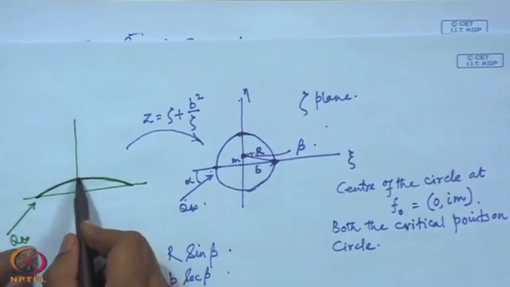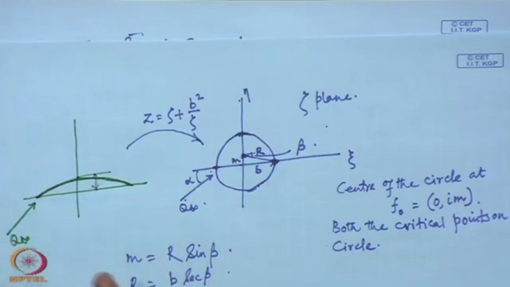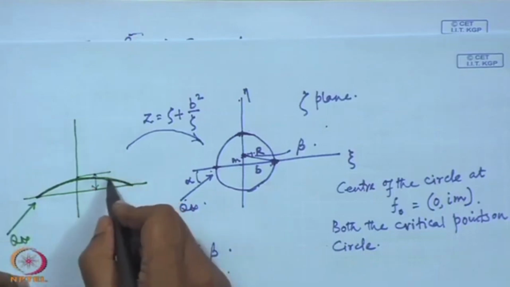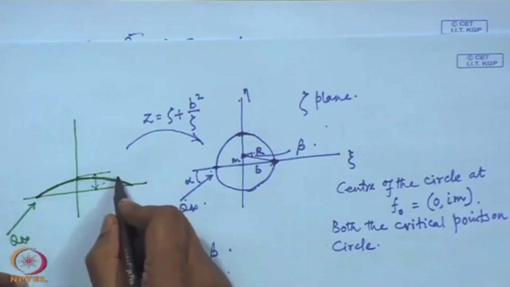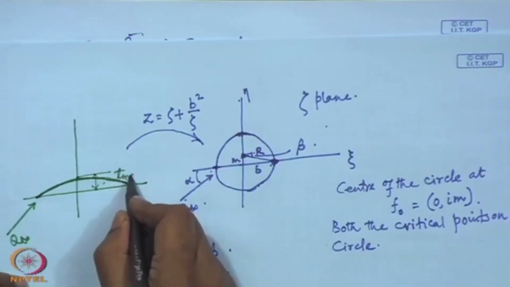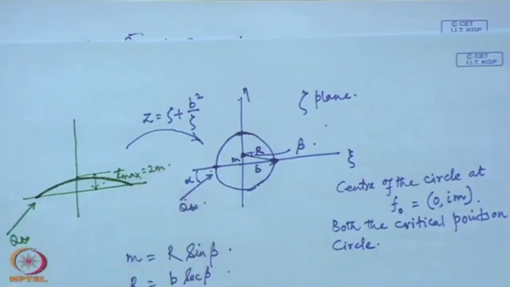If you look at it, this will be the maximum ordinate, we will call it maximum thickness, though it is of course not thickness, but we will call it thickness, and you can see that this will be 2 m.